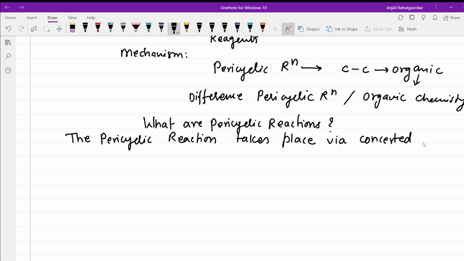Now what is the meaning of concerted? It is simultaneous bond breaking and bond formation.